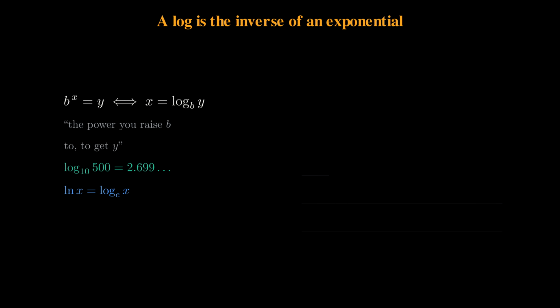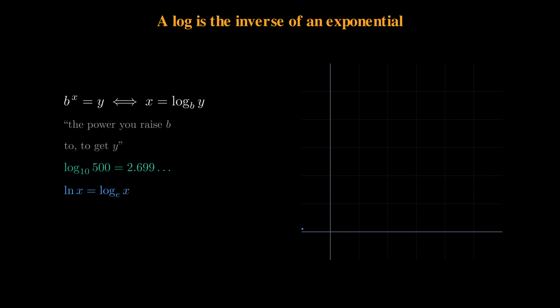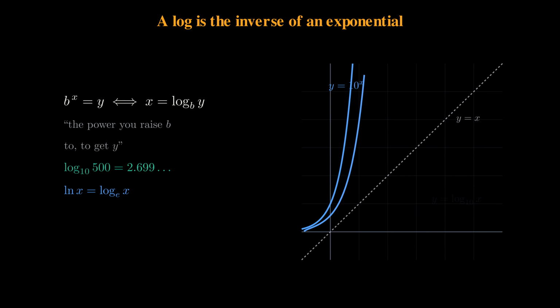And here's the picture that makes it click. Plot y equals 10 to the x in blue. It rockets upward. The logarithm is its inverse, so its graph is the exact mirror image, reflected across the dashed line, y equals x. Watch the exponential fold over that line and become the log curve in purple.